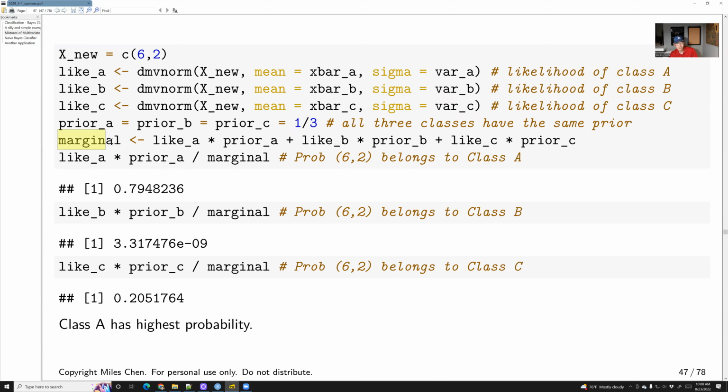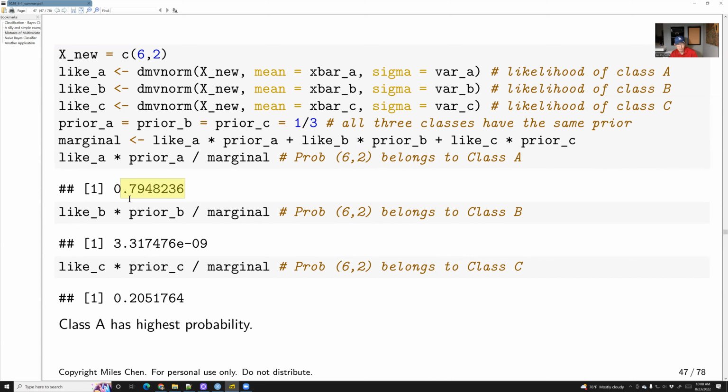The marginal, which is the denominator, is going to be likelihood times prior, plus likelihood times prior, plus likelihood times prior for all three classes.